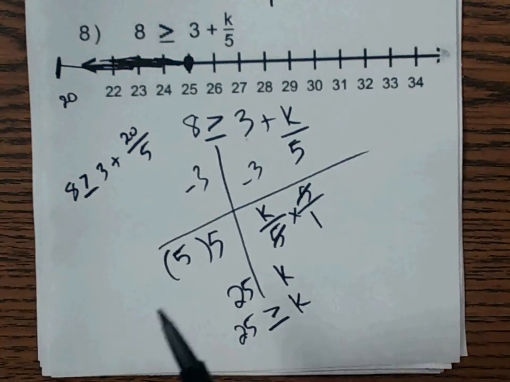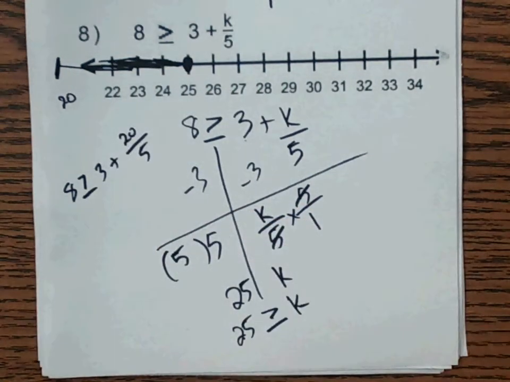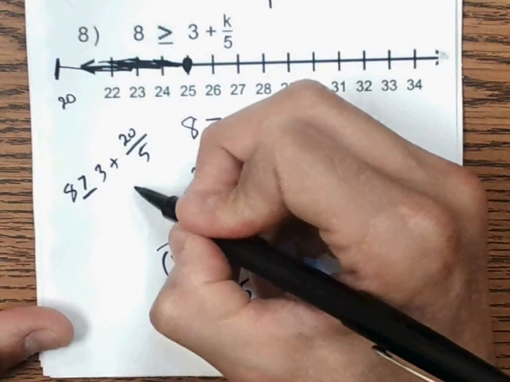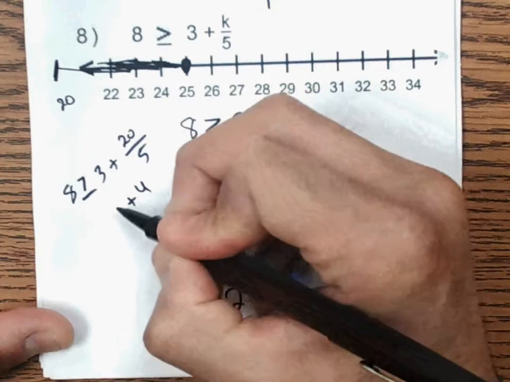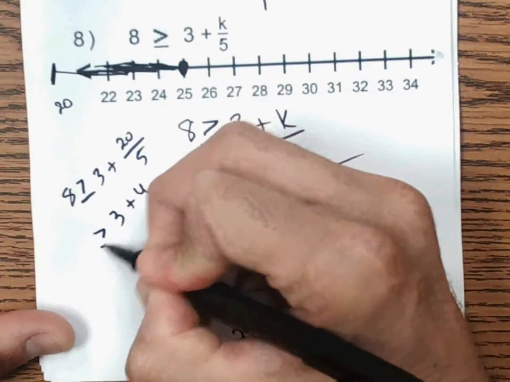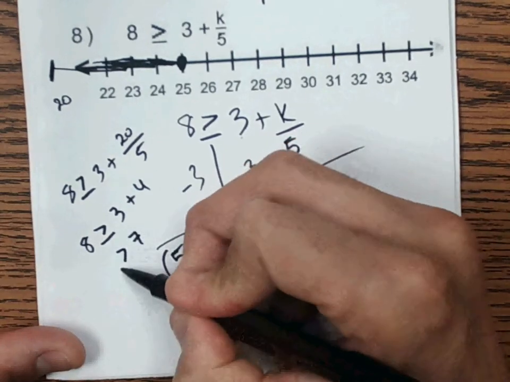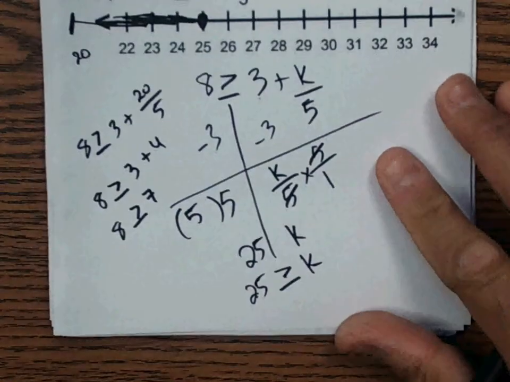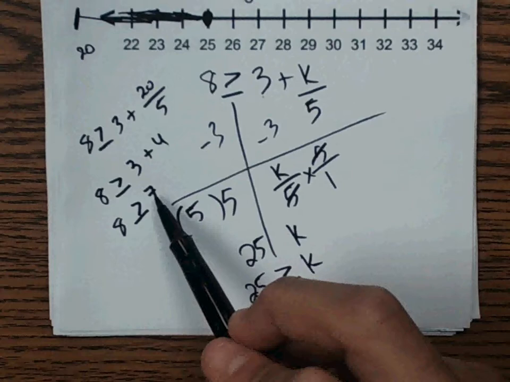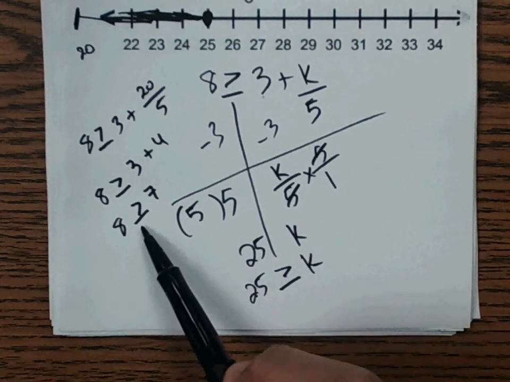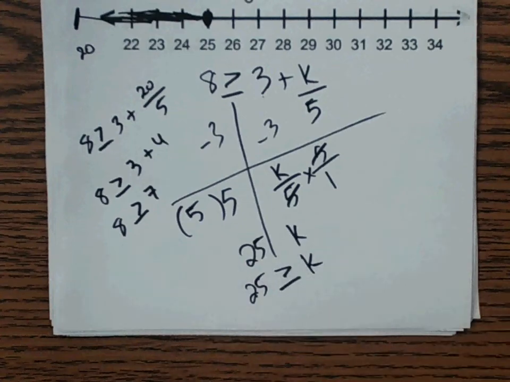We just substituted 20 for our k. Let's go ahead and solve. 20 divided by 5 is 4. I'm going to add 4 plus 3 is 7. And let's test it. Is 7 less than or equal to 8? It's definitely not equal to it, but it's definitely less than, so that works.